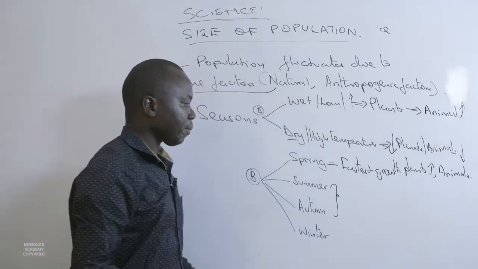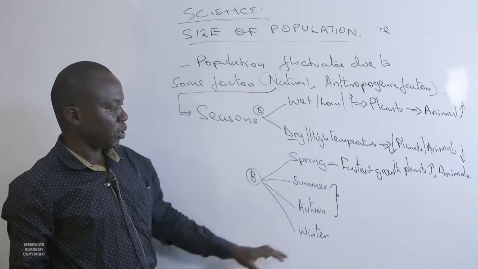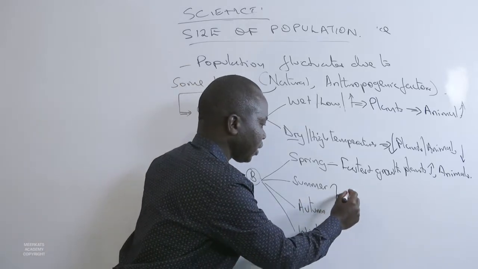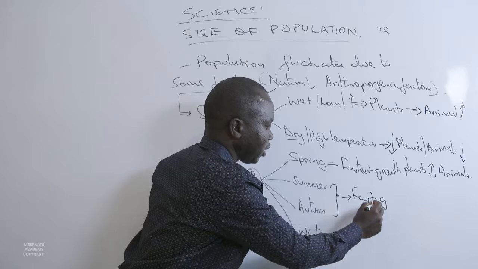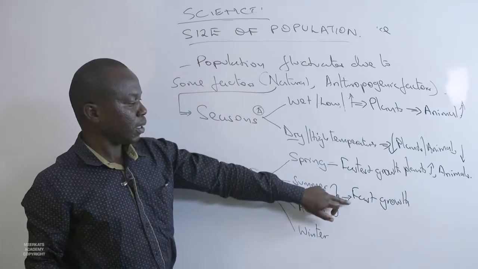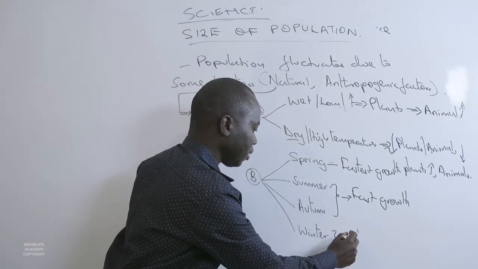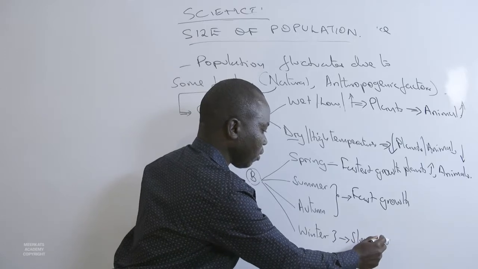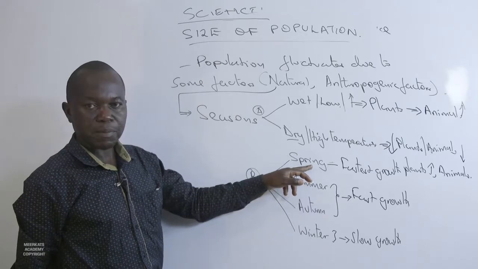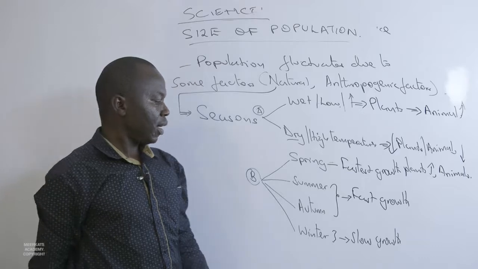But during this time, because most of the plants have grown and we have more animals at that point, during spring, summer and autumn, we have fast growth comparatively. Spring is fastest, but this is fast. Then in winter, we have slow growth. So we expect the population during spring to increase. We shall have sprouting of many plants, which attracts more animals.